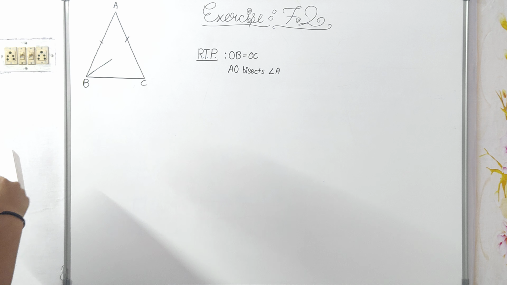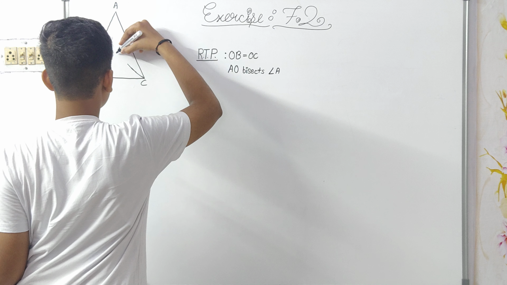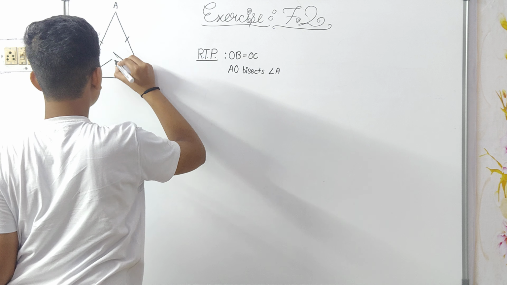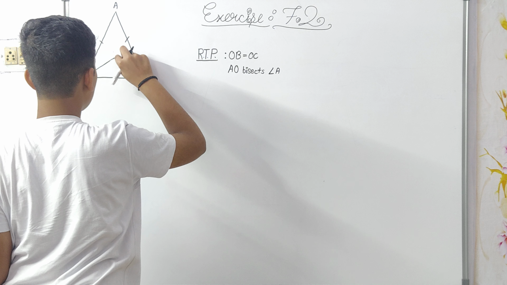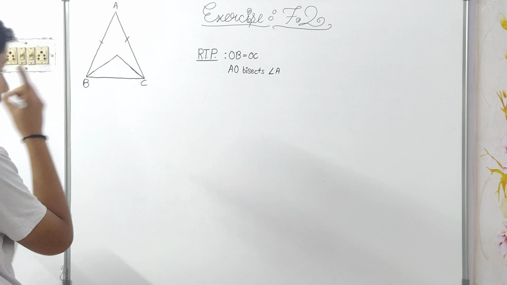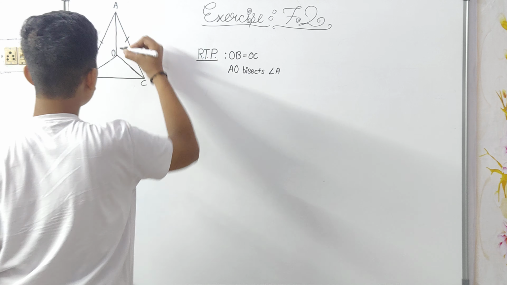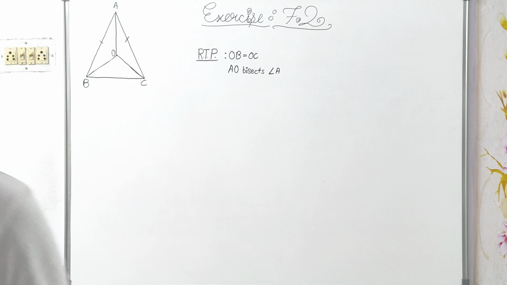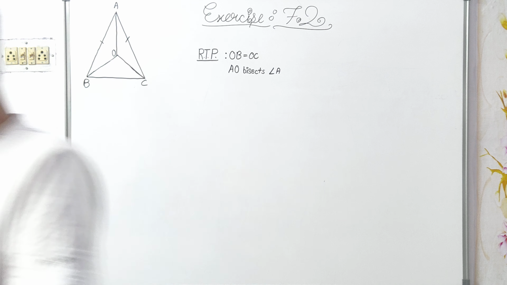The bisectors of angle B and C intersect each other at point O. So here is point O, and we can draw this, because it is given that we join A with the point O. Now we have to prove these two things: OB equals OC and AO bisects angle A. So let's start.